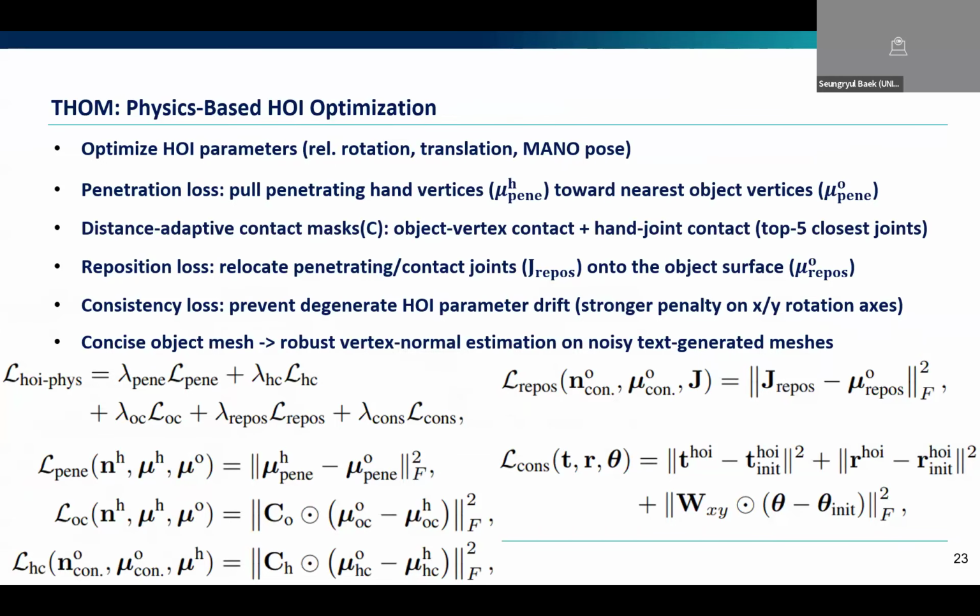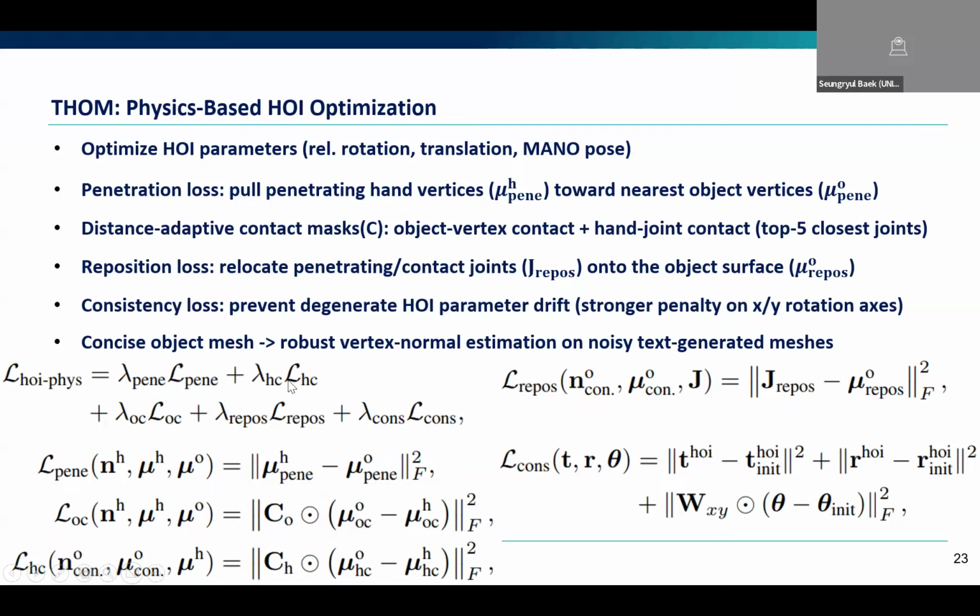So we employ several losses, which is very messy, and I'm going to explain them one by one. The penetration loss is just a plain penetration loss, which is already used by text to HOI, and also contact losses, which are also used by text to HOI.